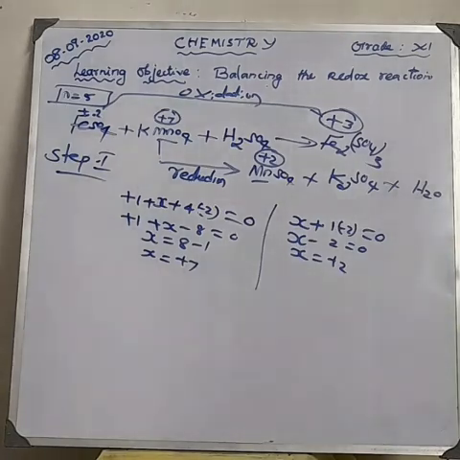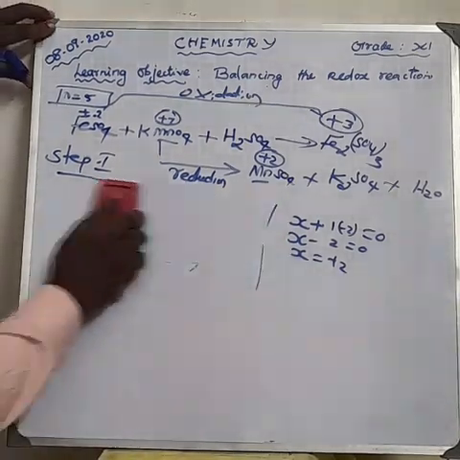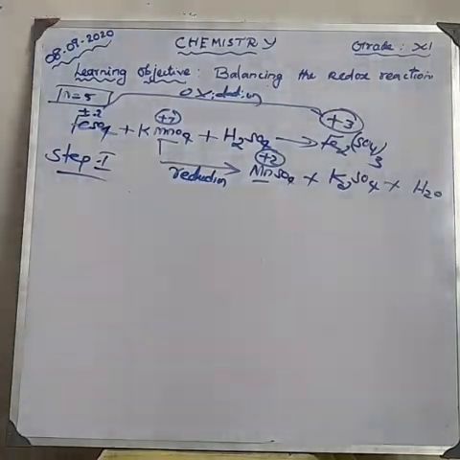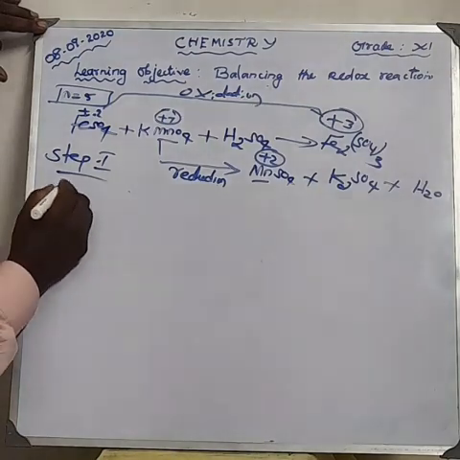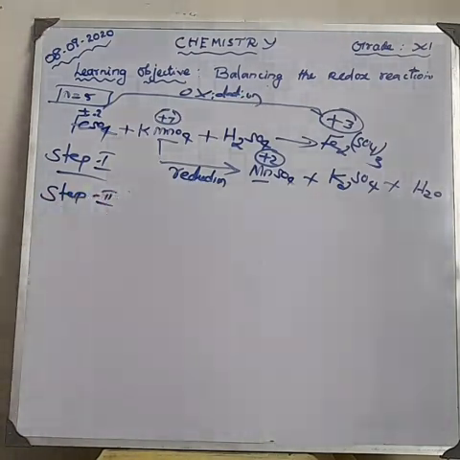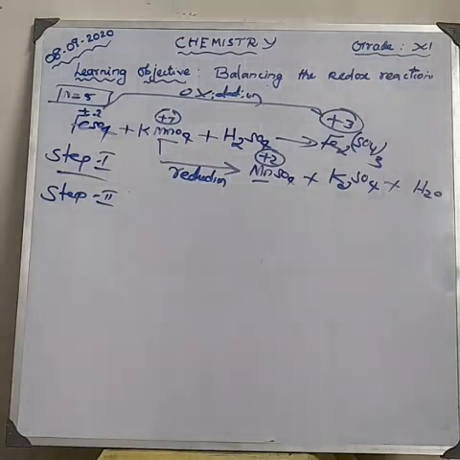Next, step 2. What is step 2? The total number of electrons lost is equal to the total number of electrons gained.